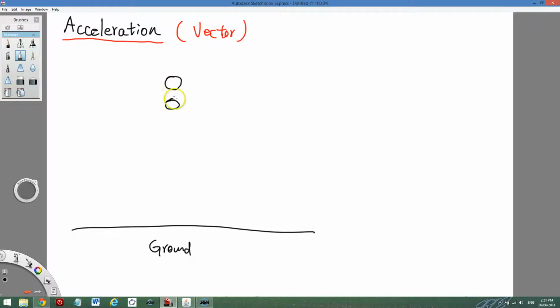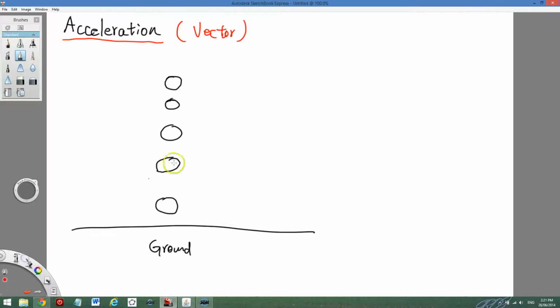During the process of moving down, the object would move faster and faster and faster. This is because gravity exerts a gravitational pull on it, and it moves down at acceleration. It doesn't move down at a constant speed.